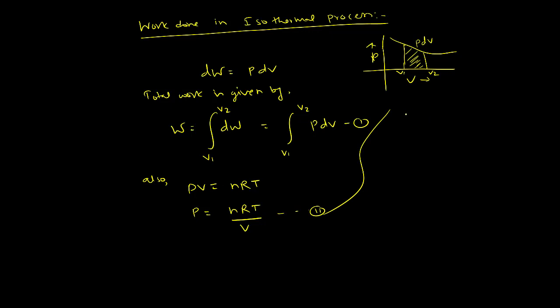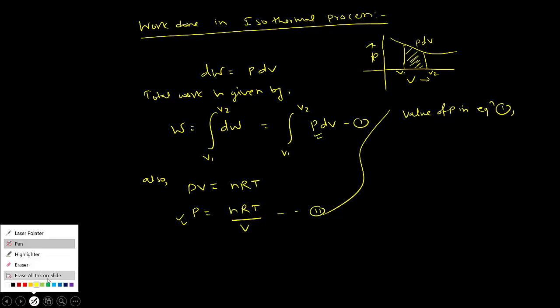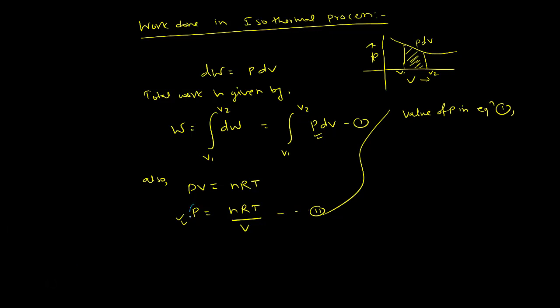Substituting this value of P in equation 1, we get the work done W equal to integral from V1 to V2 of nRT by V dV.